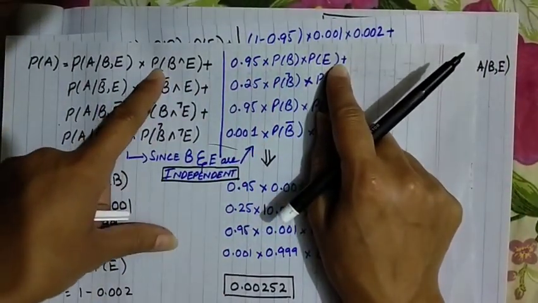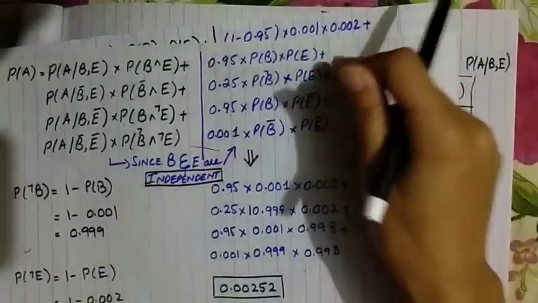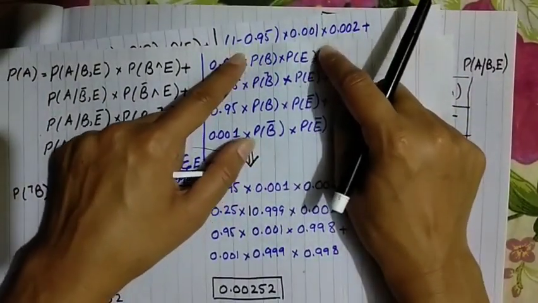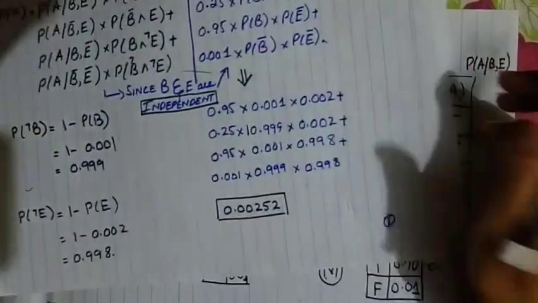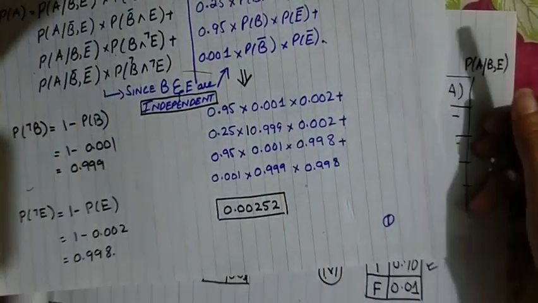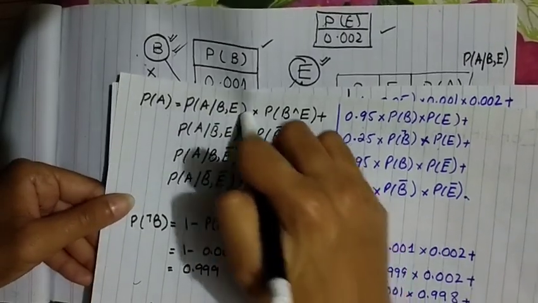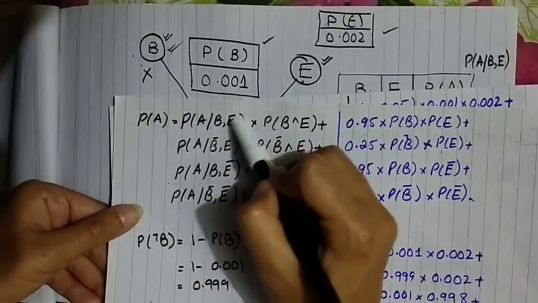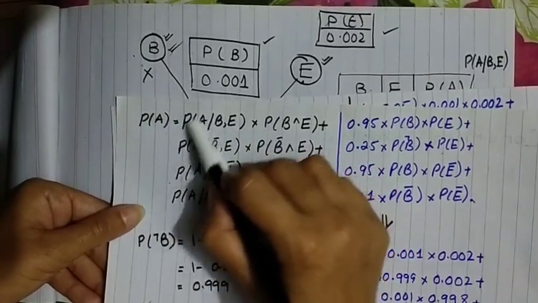And then I have further independent variables. We just saw that since B and E are independent variables, I expanded it in this way. Now if I put the values within this particular formula, let's see how I actually place the values. For probability of A given that B comma E, I can see that both of these two statements are true, that the event has occurred and the alarm has also rung.